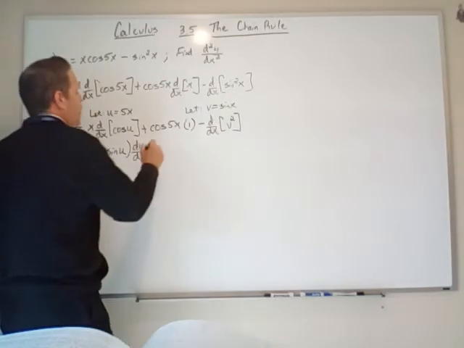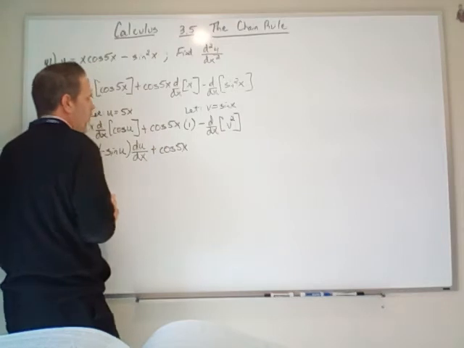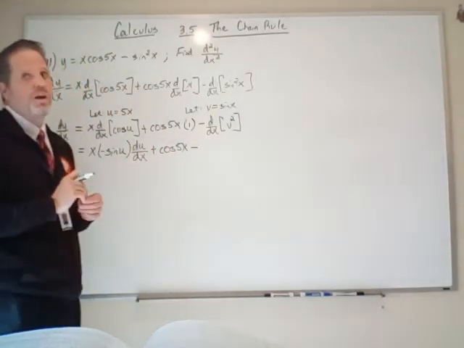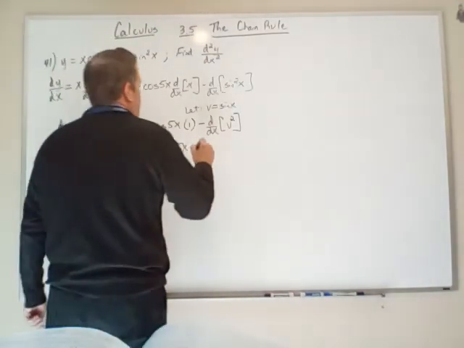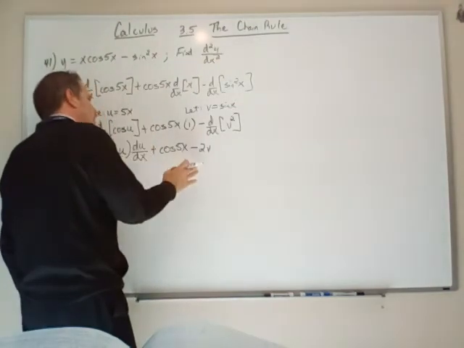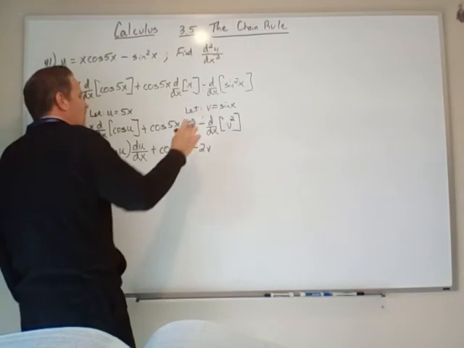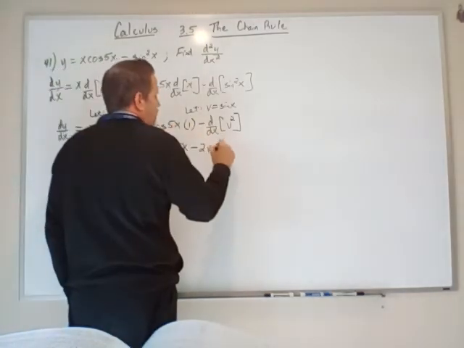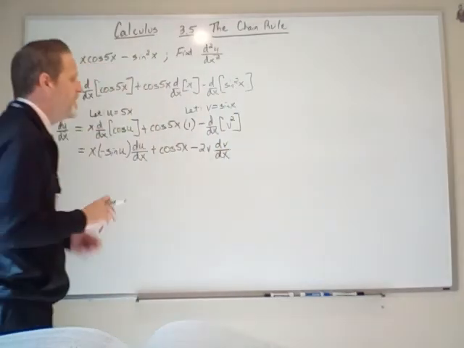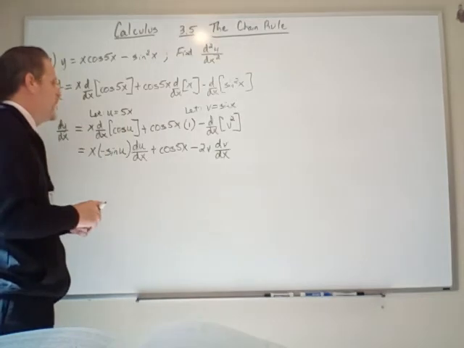Plus cosine 5x minus, now I'm taking the derivative of v squared with respect to x. That's going to be 2v. And again, I just took the derivative of something in terms of v, but I want it with respect to x. I've got to make sure I have an operator to bring it back to the right terms. That's where the dv/dx comes in. Okay, I'm going to keep going.